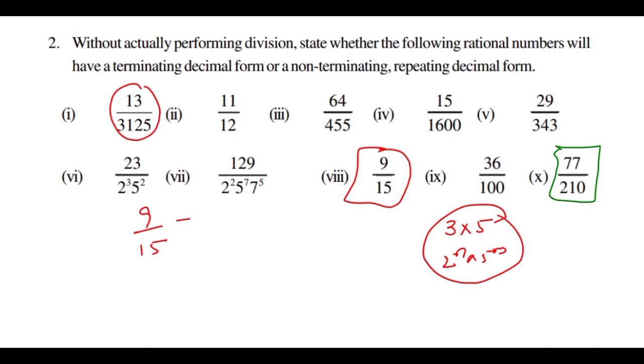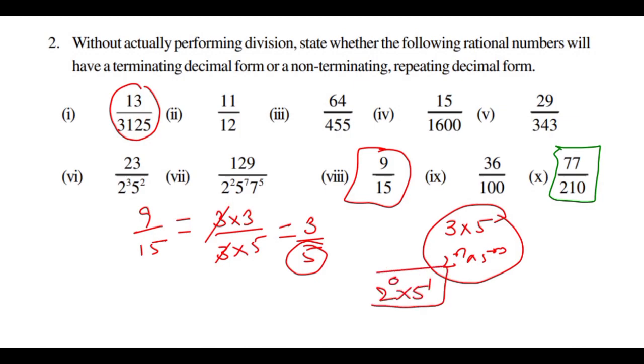But this 9 we write as 3 into 3 and 15 we write as 3 into 5. Here 3 gets cancelled, so we have 3 by 5. So this 5 we write in 2 power 0 into 5 power 1 form, correct? 2 power 0 is 1 and 5 power 1 is 5, so 1 into 5 is 5. So we can write this in 3 by 5 form.